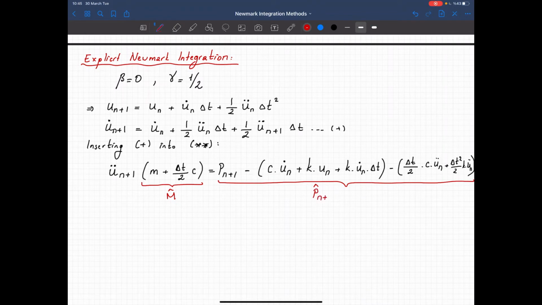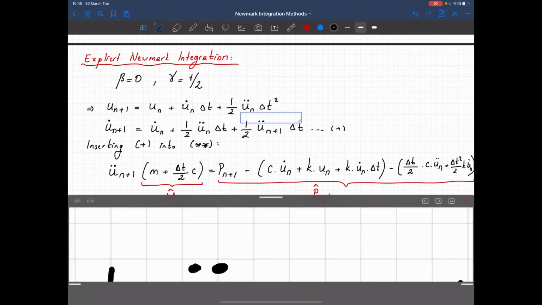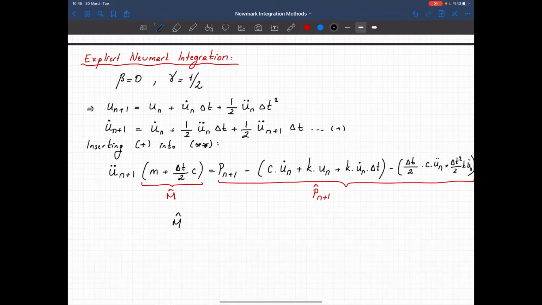at n plus 1. So my equation of motion, or the discrete version of the equation of motion, will have the following case. I have m hat multiplied by the acceleration at the next time step should be equal to the applied force.